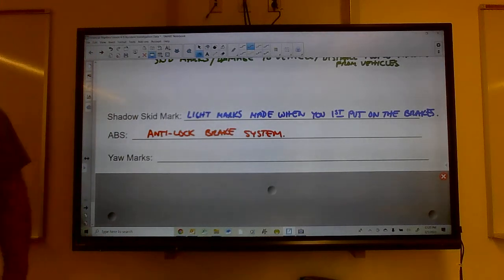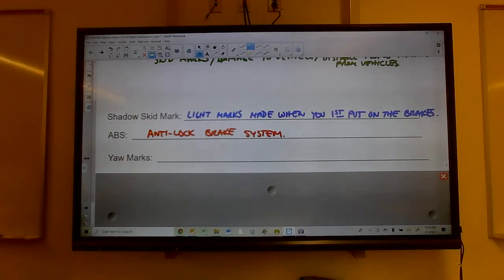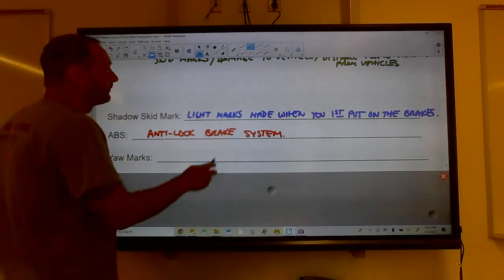Yaw marks. A yaw mark is when the tire marks curve. The vehicle starts to slip to the side as it continues forward motion.